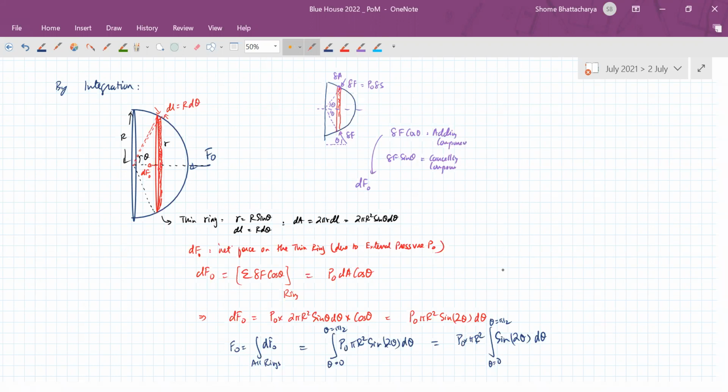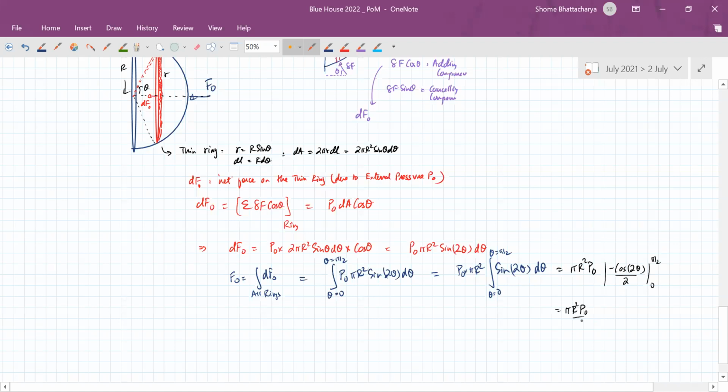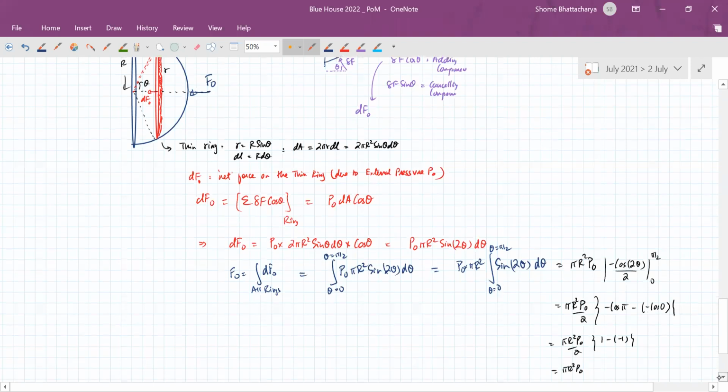Okay, so we get the same quantity that we got by the logical method also.